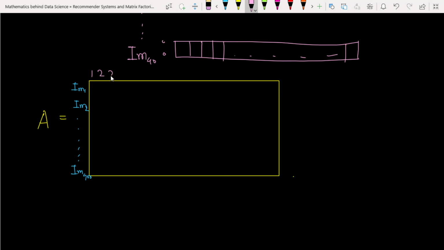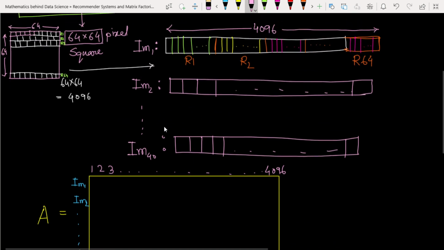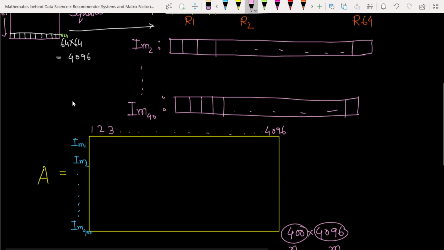How many pixels do we have in a single image? 4096. So the dimension of this matrix will be 400 into 4096. I think you got the idea of how the images have been converted to matrix form. This is a simple idea.